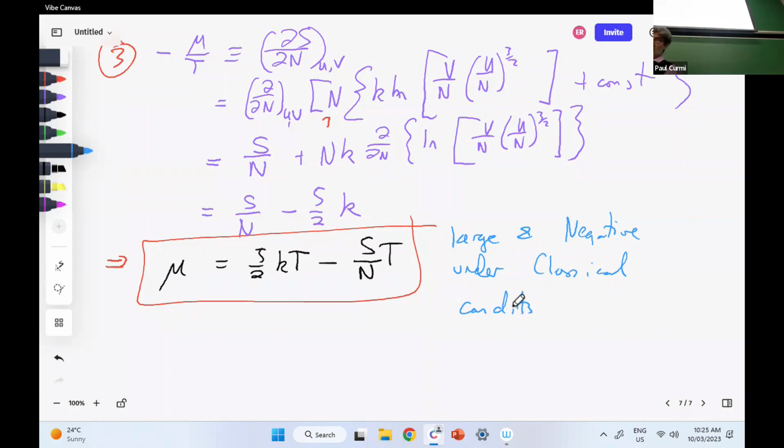Yes. Say again. Volume? It's vanished, it's not there. Because when I differentiate this thing up here, this part here is entropy.